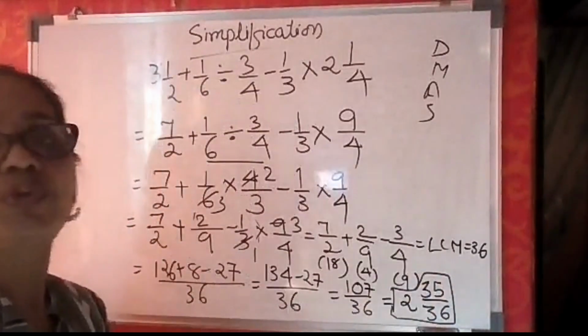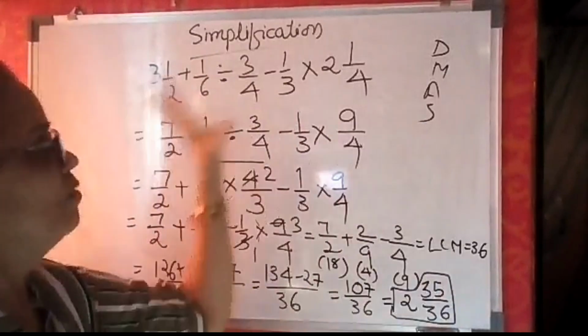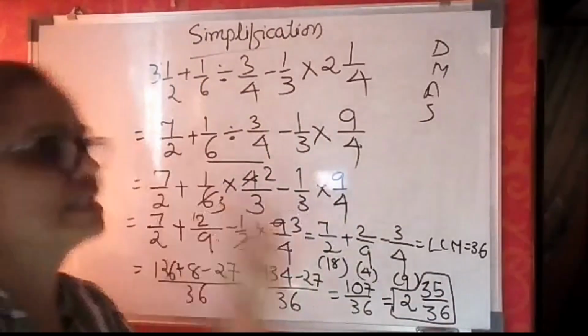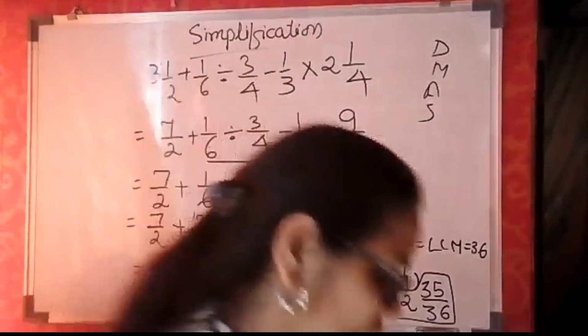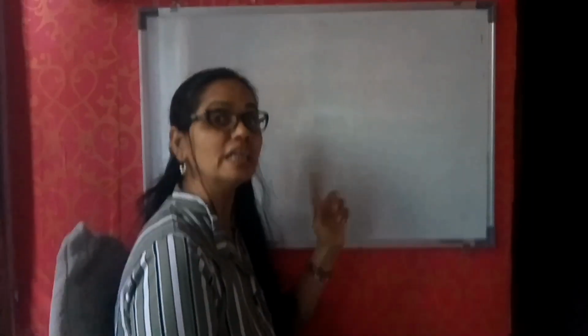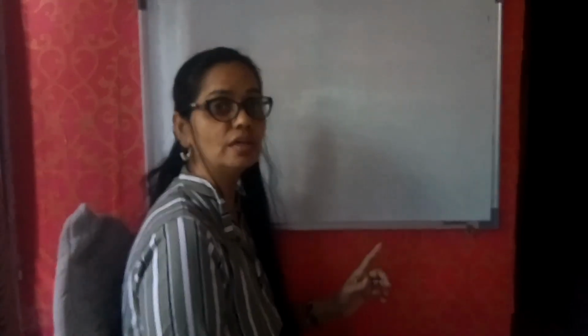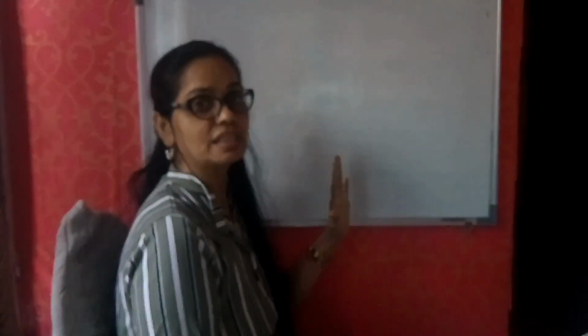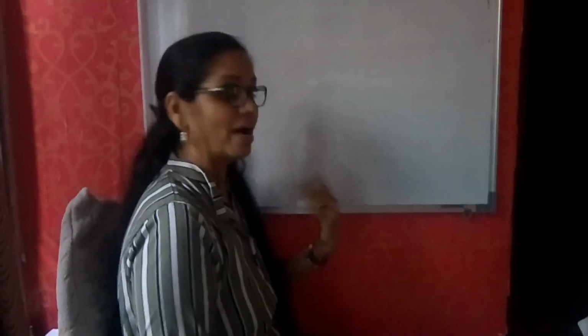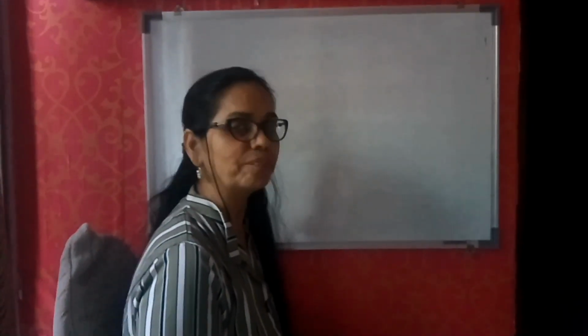3 sums I have shown you on DMAS rule. One on whole number, second on decimal number, and third on fractional. We have done simplification on DMAS rule. Now we are doing one more simplification on another rule by using different types of brackets.